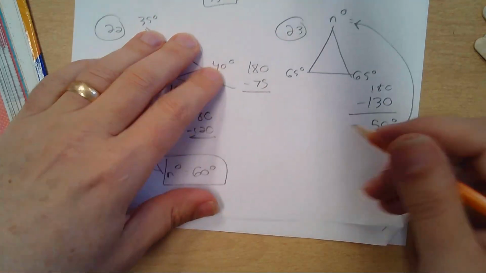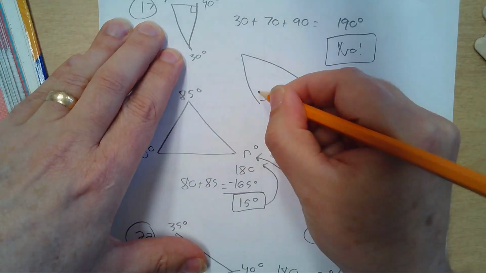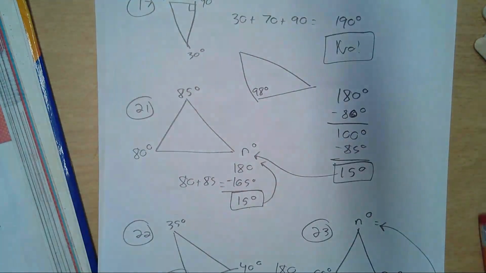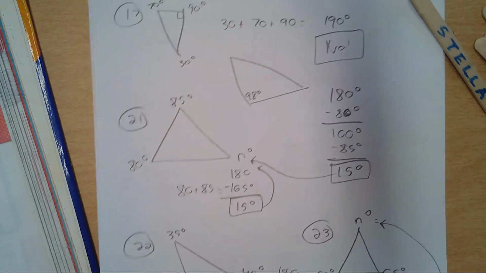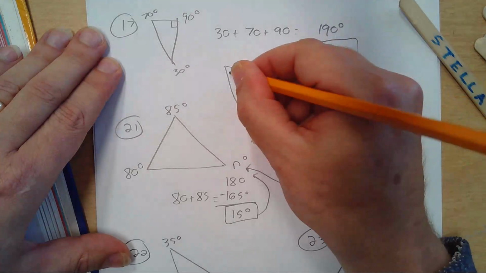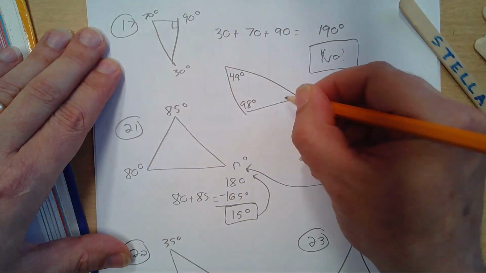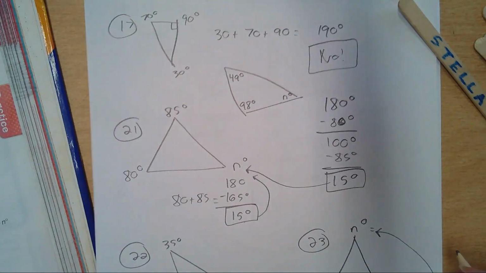I'll sketch it out here. So I'll say that's 98. So help me out here, Stella. The one that's half of 98, how much is that? 49. So we'll call that 49 degrees. Now I know two of the three. So what am I missing for the last one there?